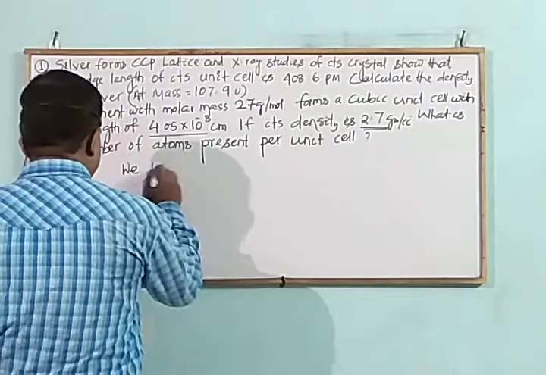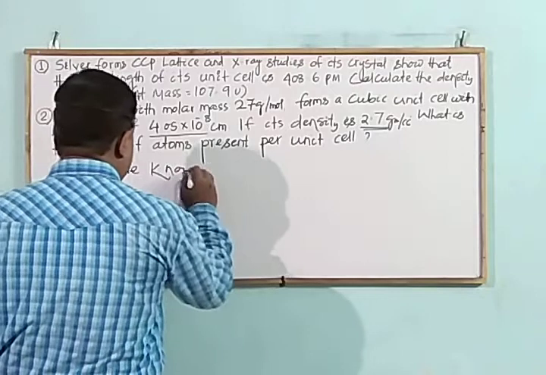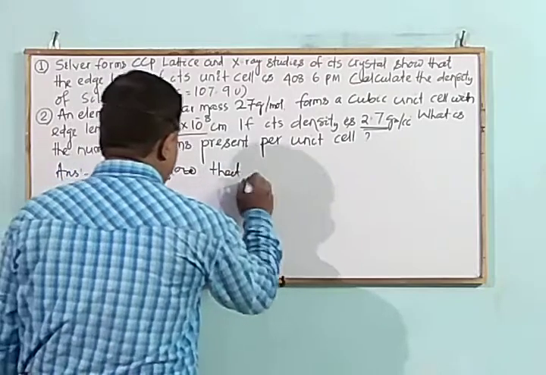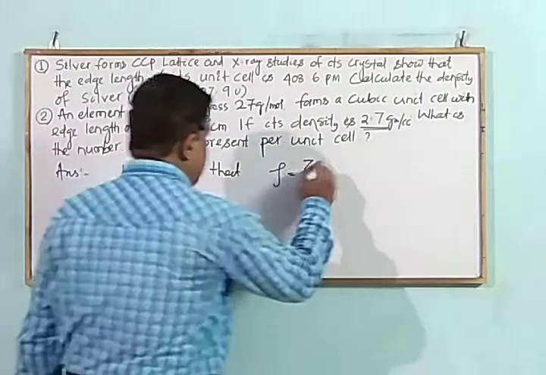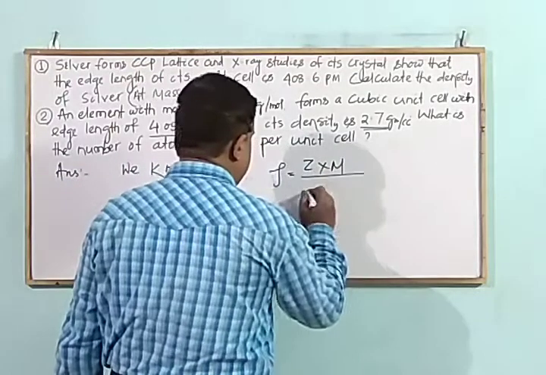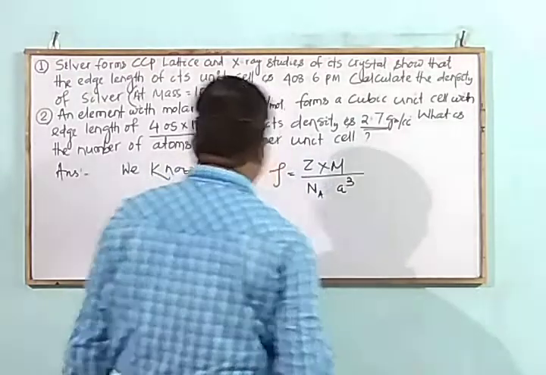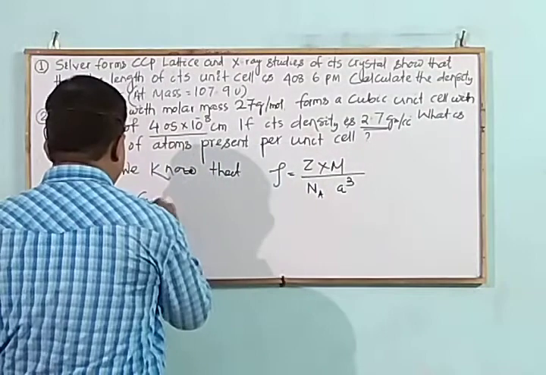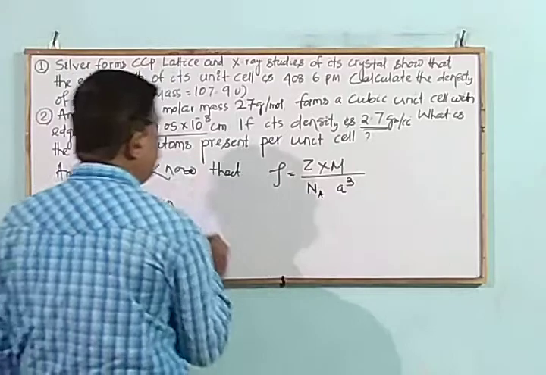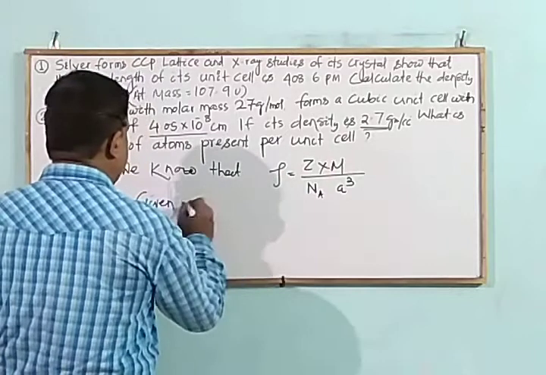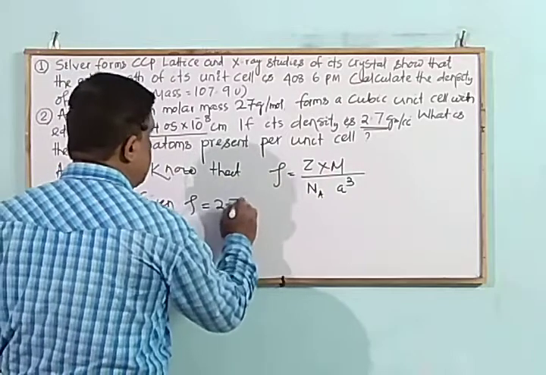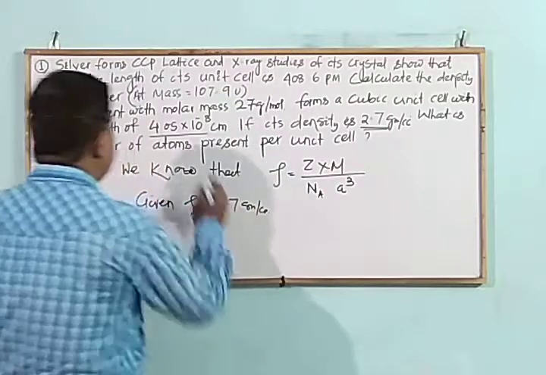We know that the formula is rho into Z into M divided by Na into a cubed. Here, the density is given, rho is equal to 2.7 gram per cc.